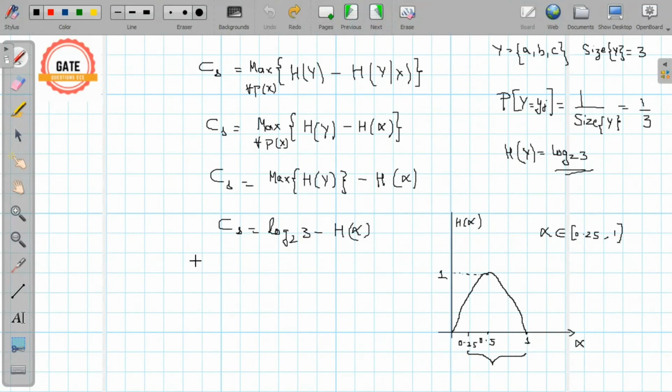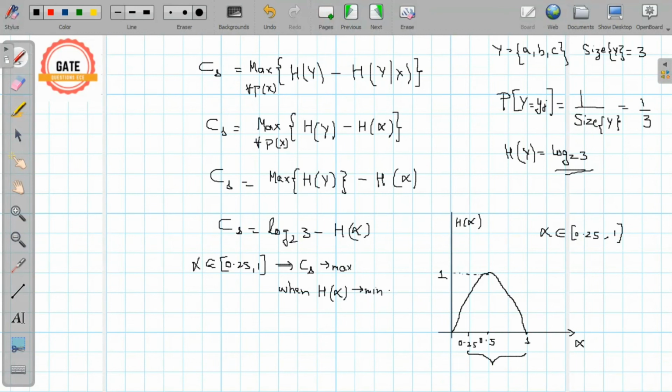So we can say that for alpha belonging to this range 0.25 to 1, capacity will be maximum when H of alpha is minimum. And you can observe here that for this range of alpha, H of alpha is minimum at this point and its value is 0.